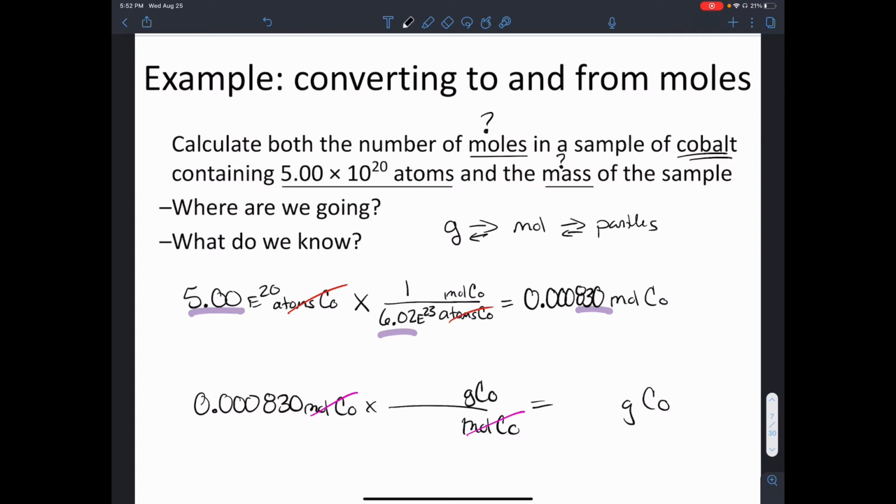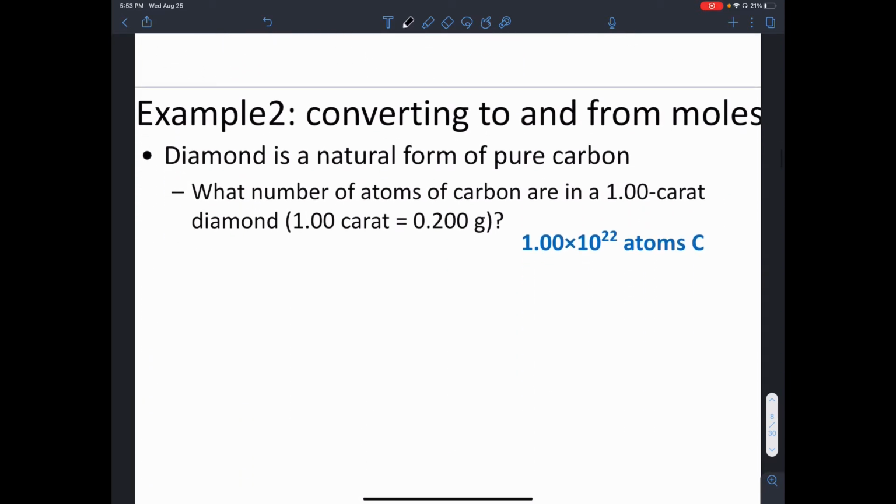How many grams are in a mole? Where would I find that information? Well, remember, 1 mole of anything weighs its atomic mass. So if I check my periodic chart, cobalt weighs, and finally my gram number, I start with 3 significant figures, I end with 3 significant figures. This is something we'll be doing all year, and you'll practice for homework.